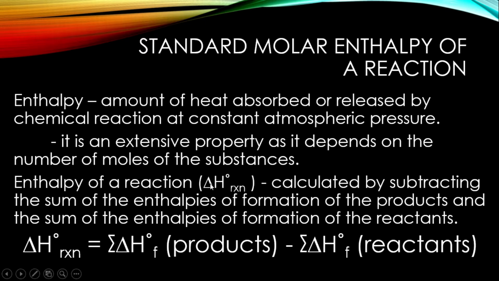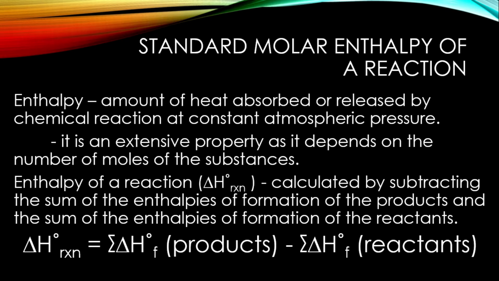Enthalpy of a reaction: delta means change, H is for enthalpy, Rxn is reaction. This is calculated by subtracting the summation of the enthalpies of formation of the reactants from the summation of the enthalpies of formation of the products. So kung mapapansin ninyo, familiar yung ating formula, kasi ganito rin yung ginagamit natin sa change in entropy.